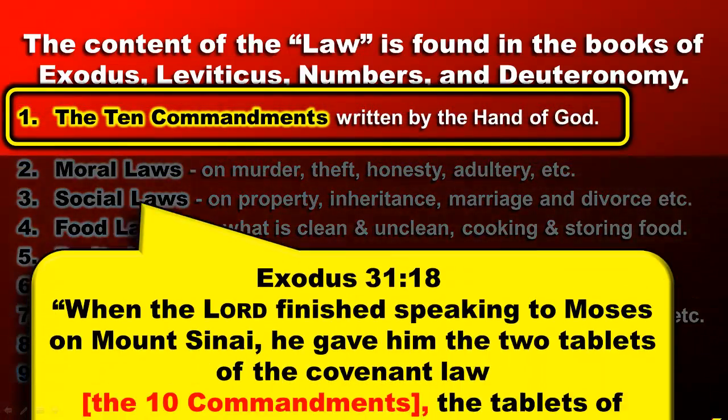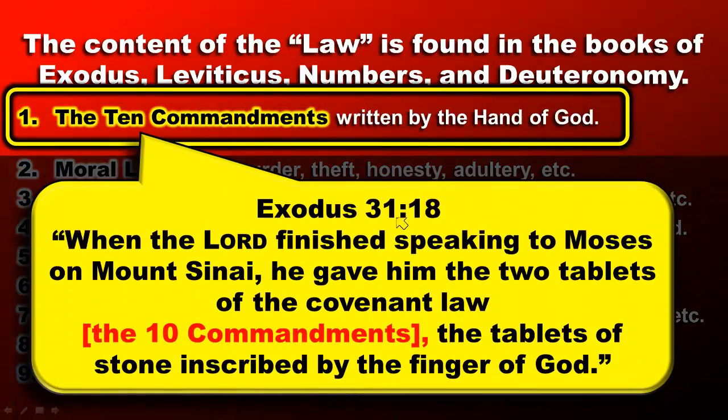So the 10 Commandments, we read in Exodus 31, it says, "When the Lord finished speaking to Moses on Mount Sinai, he," that's God, "gave Moses the 2 tablets of the covenant law," that's the 10 Commandments, "the tablets of stone inscribed by the finger of God."